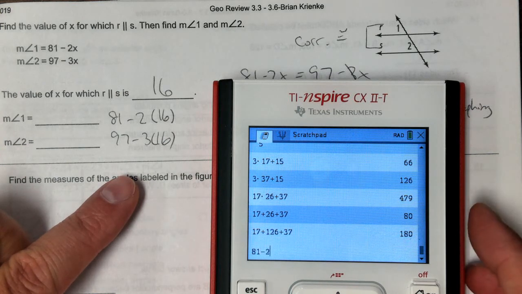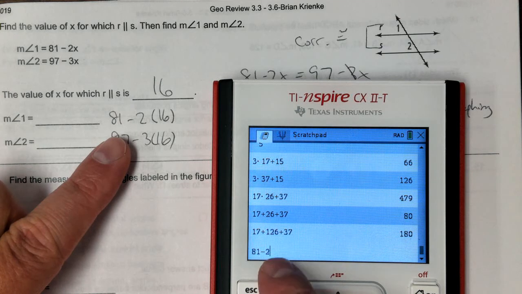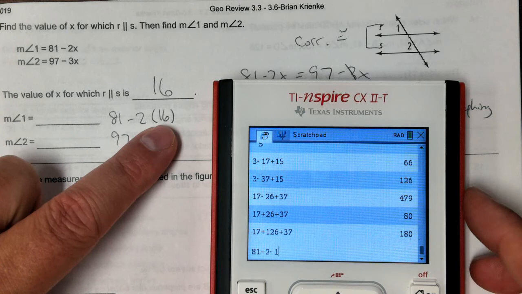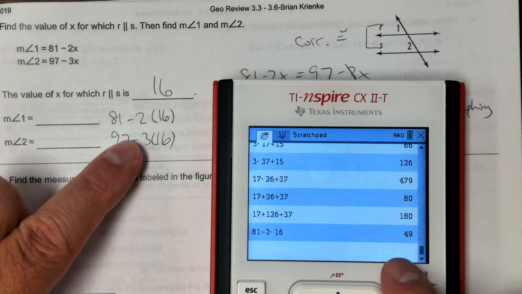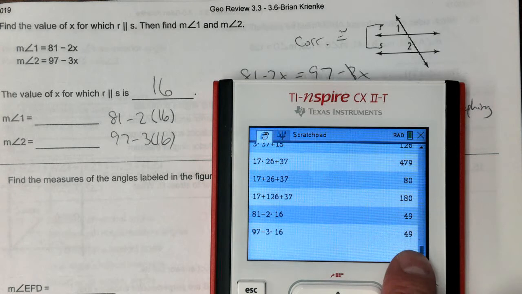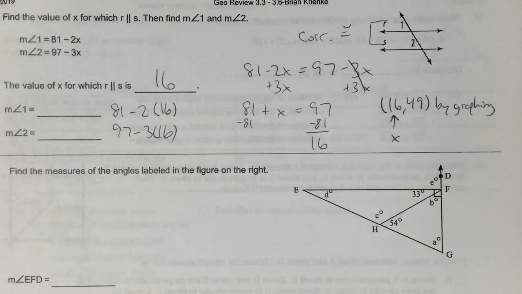Make sure on this that you don't do 81 minus 2 first and get 79, because you're multiplying, and multiplying is a higher priority than subtraction. So you should get 49 for that, and for that one.